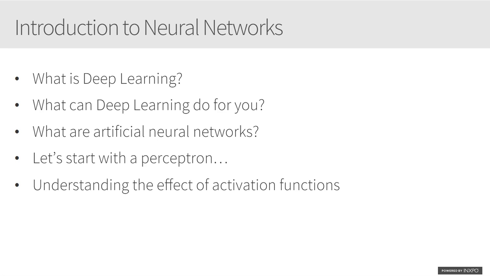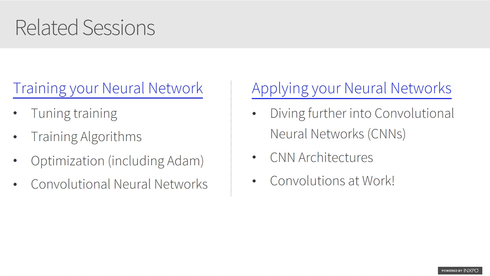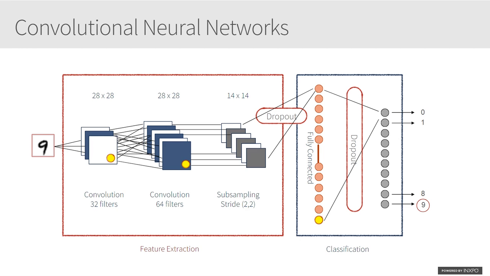In further sessions, we'll be discussing things like the neural network architecture and other facets like learning rate that will impact your neural network. But today, specifically, we're going to focus on activation functions. And as noted, these are the two related sessions, Training Neural Networks and Applying Neural Networks. These are the other two sessions that will provide you some additional background.